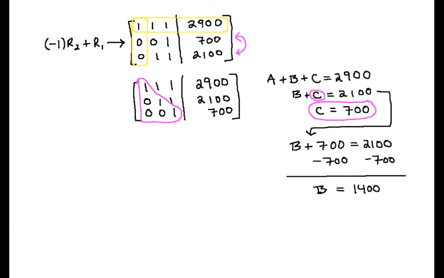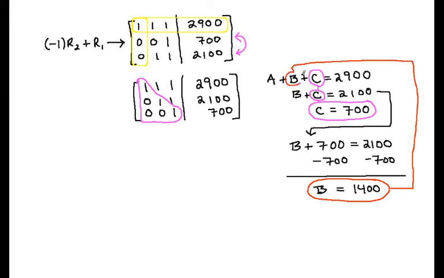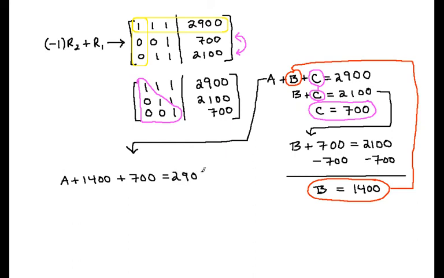So now we're ready to plug in for C and also plug in for B in our original equation, our top equation. And this gives us, we'll go ahead and write this one over here where we've got space, A plus 1,400 plus 700 equals 2,900.